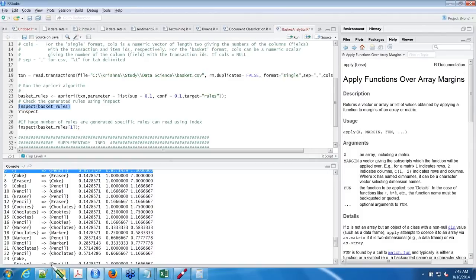So I don't want to concentrate on the 28% of customers. I want to concentrate on the 57% of customers who are buying. That only I will concentrate on. Then only I will look at what level of confidence this will be bought together. Got it?